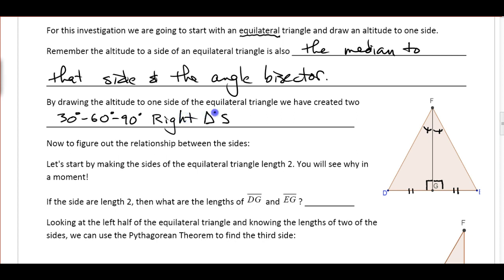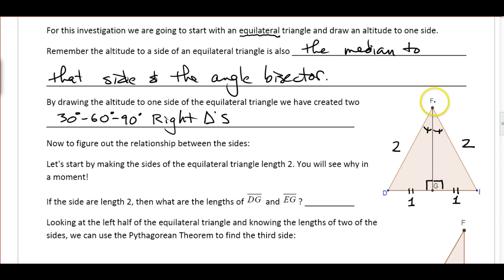Let's figure out the relationship of the sides. We're going to start out by making the side of the equilateral triangle length 2. And in just a moment you'll see why I do that. So each side is going to be 2, so that's 2, and that's 2. And this side also is going to be 2, but since I drew a median here, I know that this piece here is going to be 1. That's why I made those 2. So now these are 1 instead of a half.